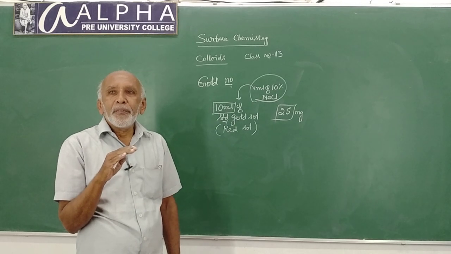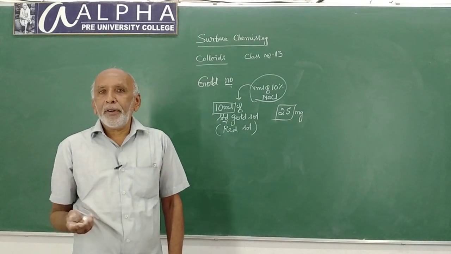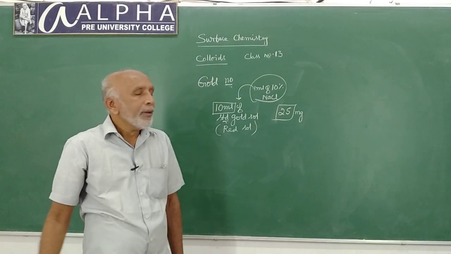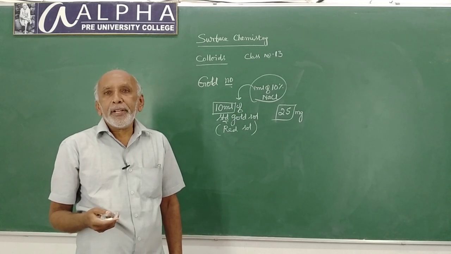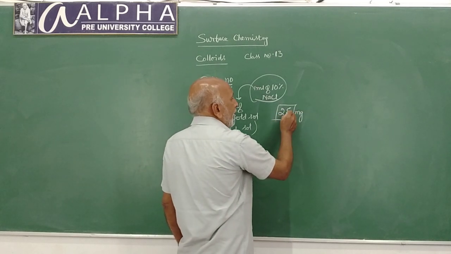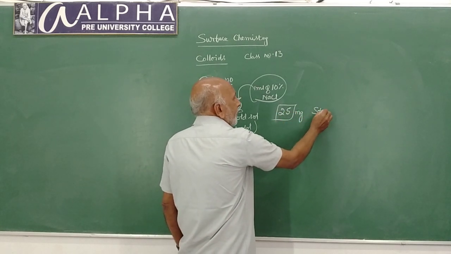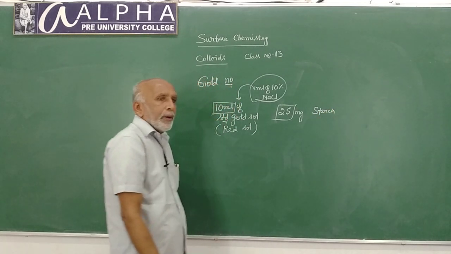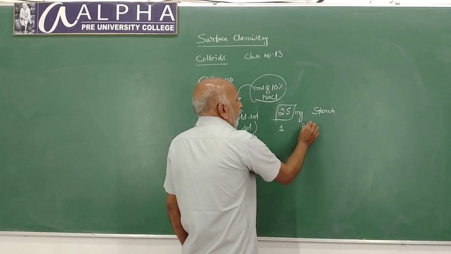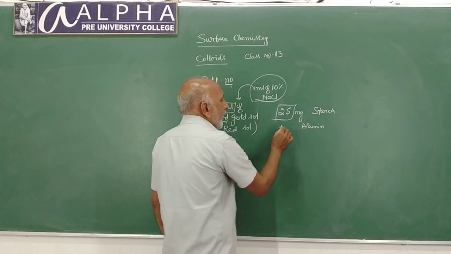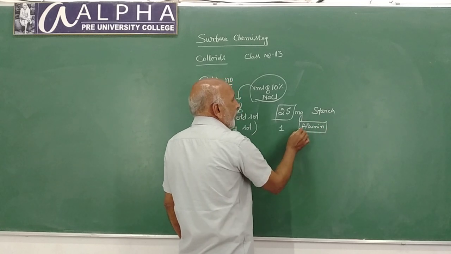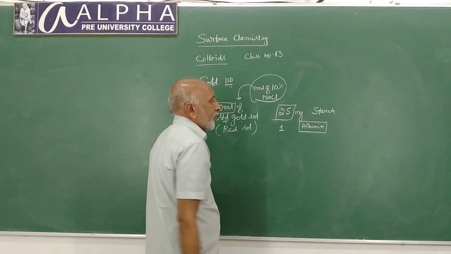The smaller the gold number, the higher the protective power of protective colloids or lyophilic colloids. Say 25 is the gold number of starch. If 1 is the gold number of albumin, then you can say albumin has more protective power than starch.